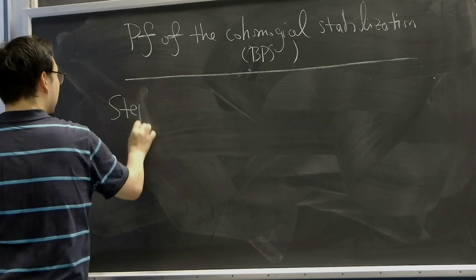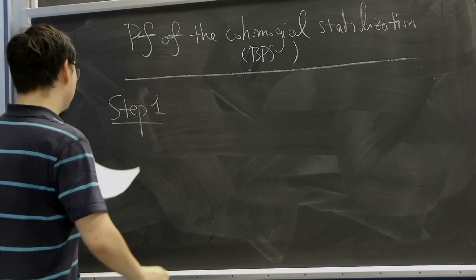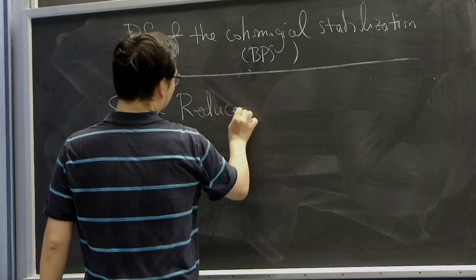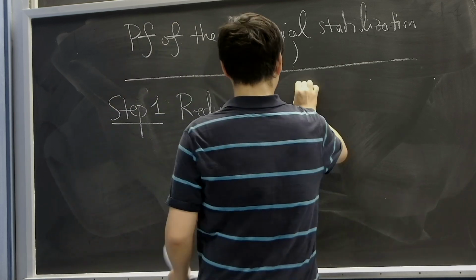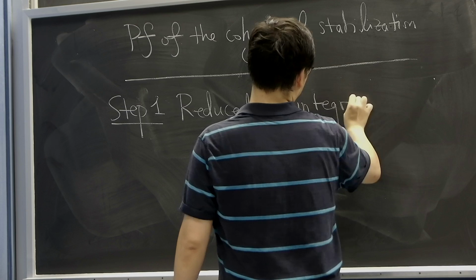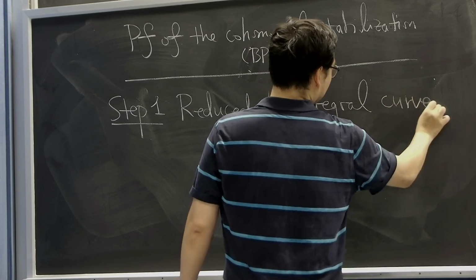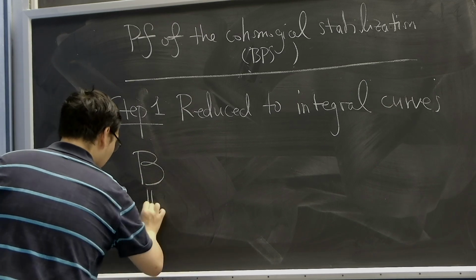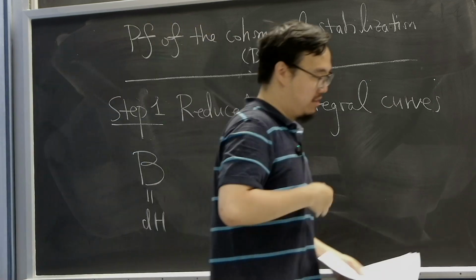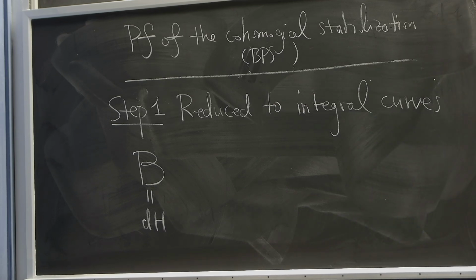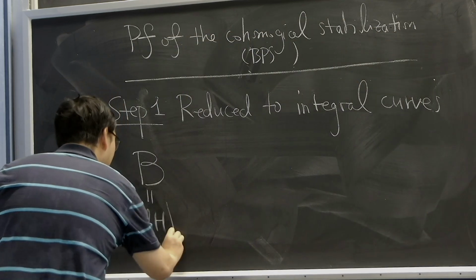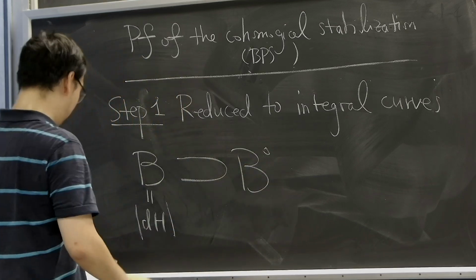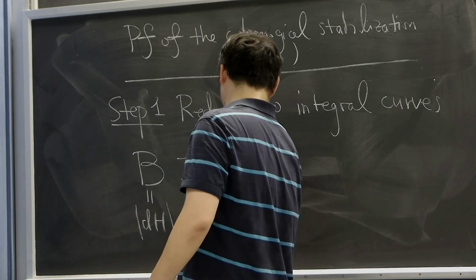Step 1 is that we can throw out the worst fibers. So first we can reduce to integral curves. Remember that we consider B. In the proof of the full support theorem or the chi independence, the locus which played a key role is the locus of integral curves, which I denoted by B circle, B0. This is the locus of degree D integral curves.